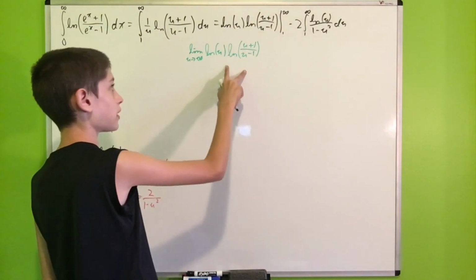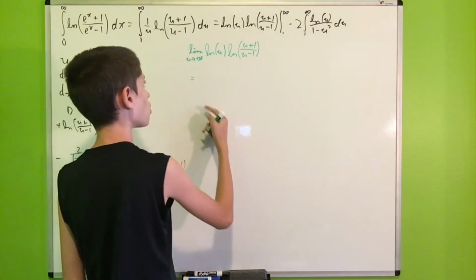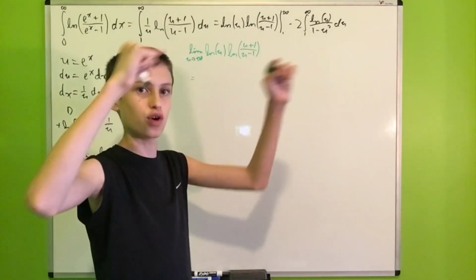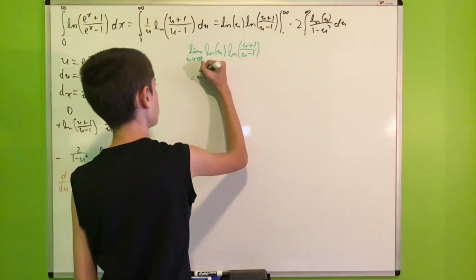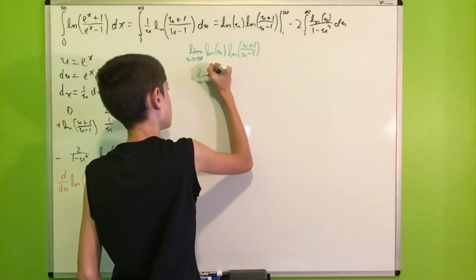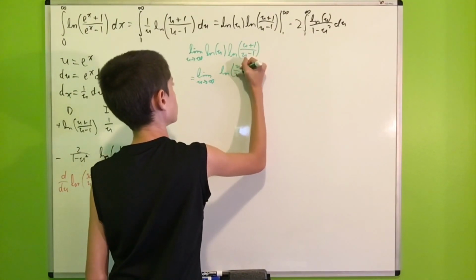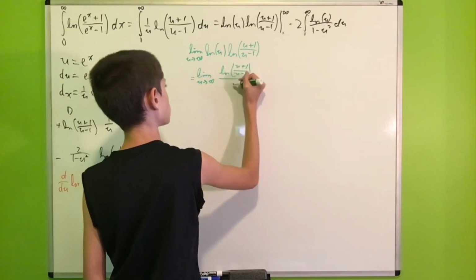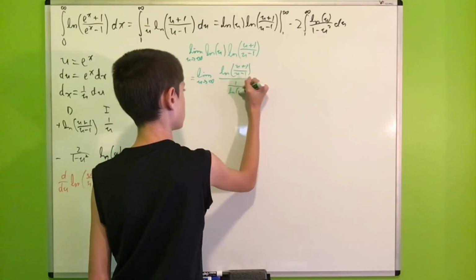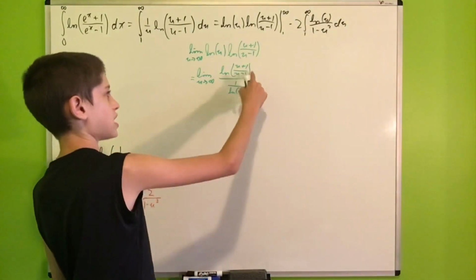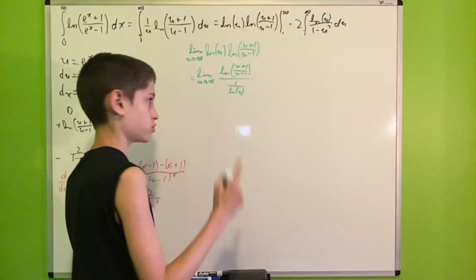So to evaluate this limit, we will observe that natural log of u is simply 1 over 1 over natural log of u. So we'll have the limit as u goes to infinity of natural log of (u plus 1) over (u minus 1) over 1 over the natural log of u. And then this thing right here goes to 0, as we said earlier.